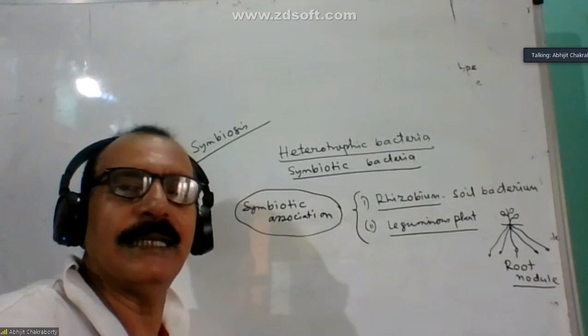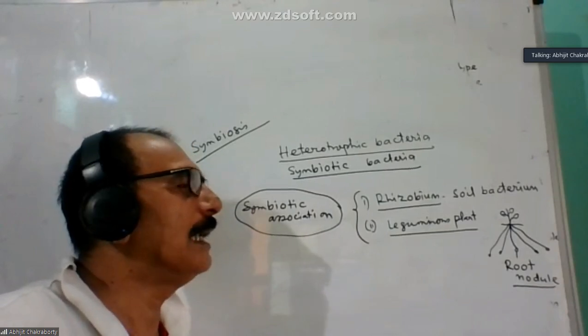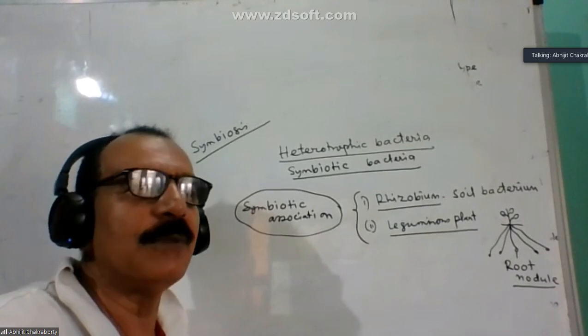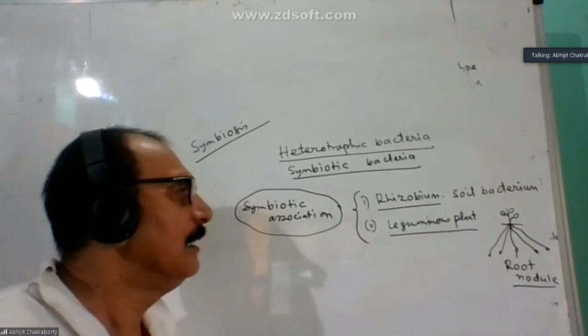They are getting nitrogen nutrition, and the rhizobium is also getting nutrition from the plant. In this way, both are mutually benefited.